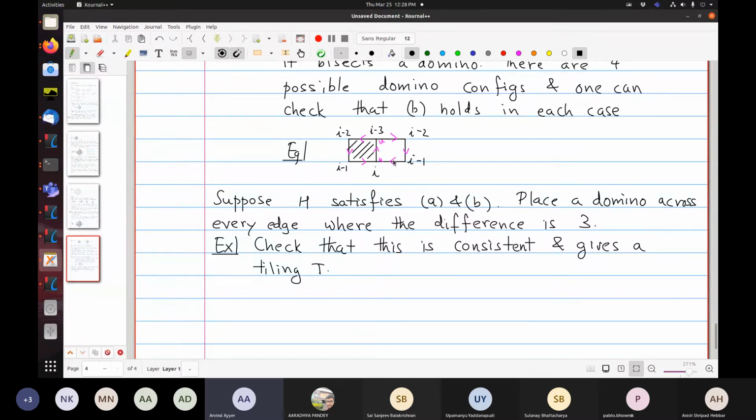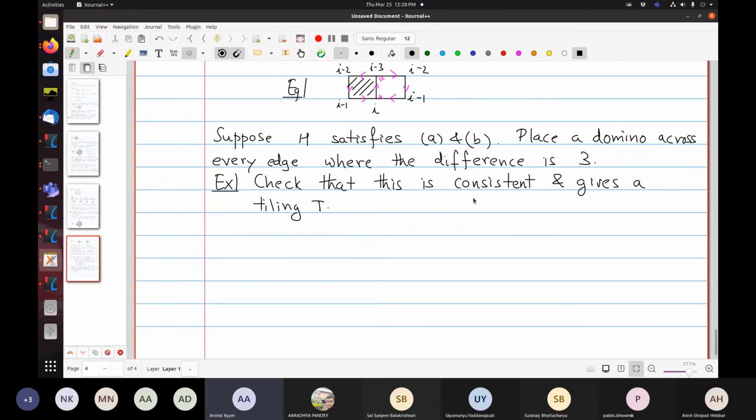Okay. So there is some case analysis to be done, which I leave. In other words, pick a cell and show that no matter what that height function is, it will force a domino either this way or this way or this way or this way. And you'll have to maybe do it for black and white cells.